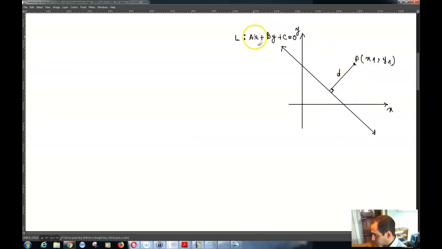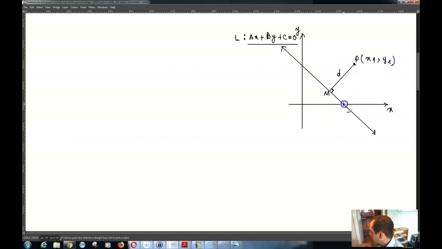Now, if your line is ax plus by plus c is equal to 0, and the distance of this line from this point is d. If you draw this perpendicular PM, which is the distance of the point from the line, you can see that this line has an x-intercept and some y-intercept as well.